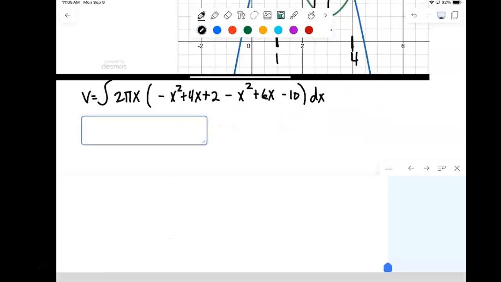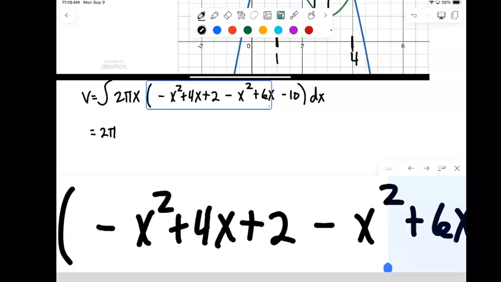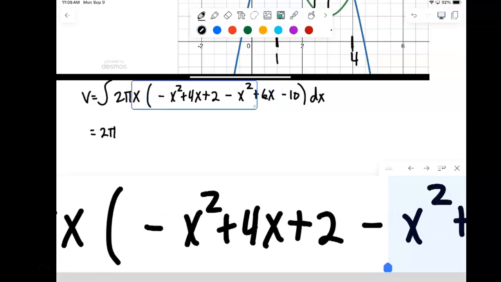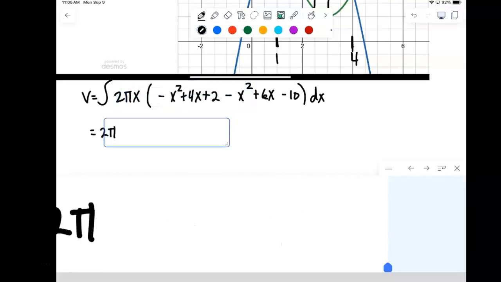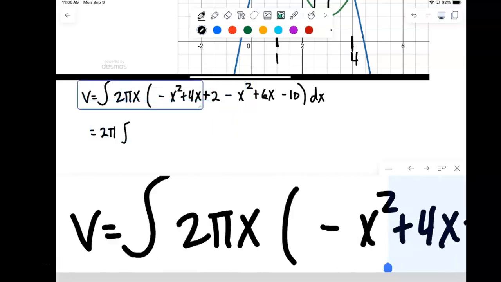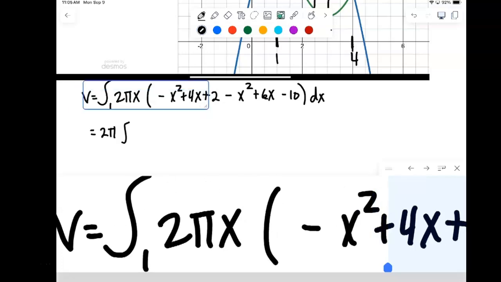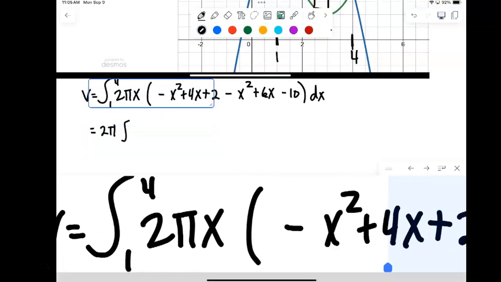Now it's just really working out the problem. So 2 pi out front, multiply through by the x after we combine like terms. The integral, of course, is from 1 to 4.